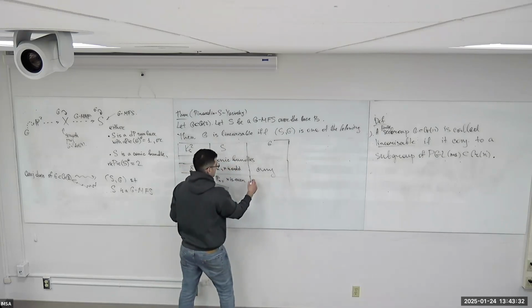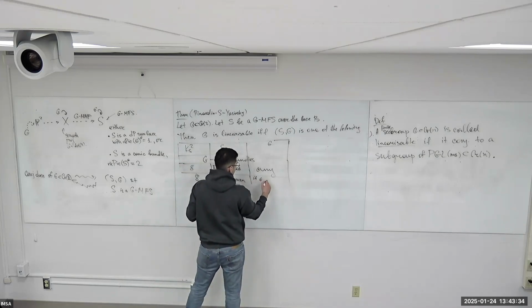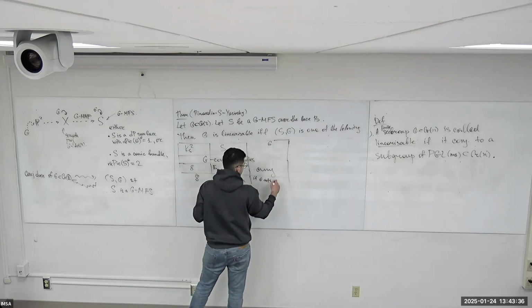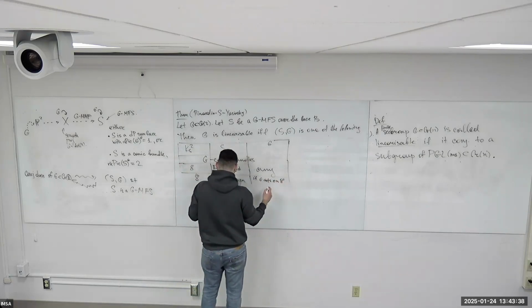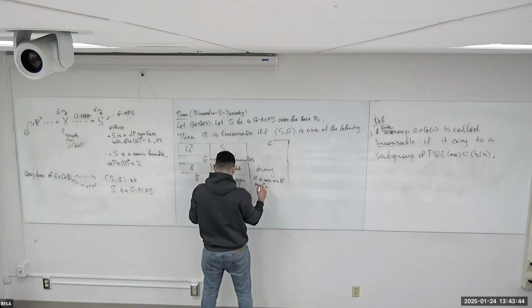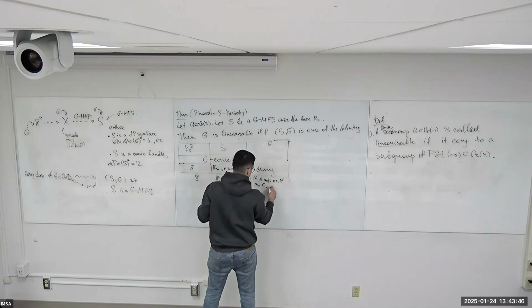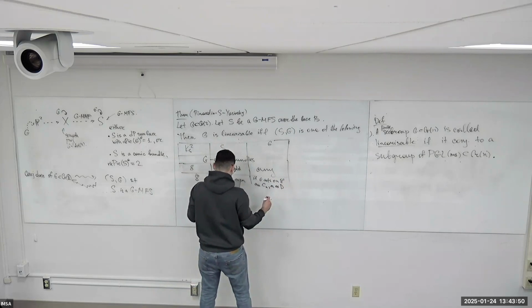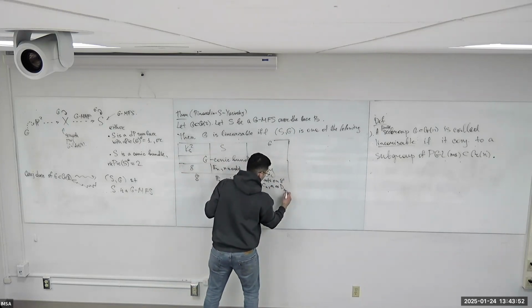And here we have the condition that G acts on P1 as a cyclic group or as an odd dihedral group, an odd number.